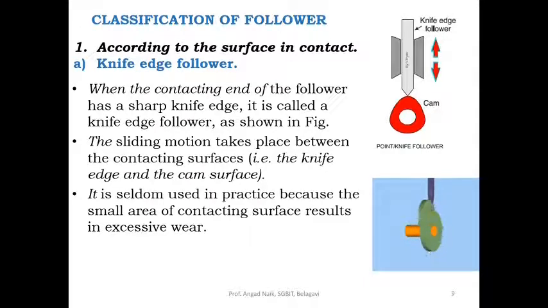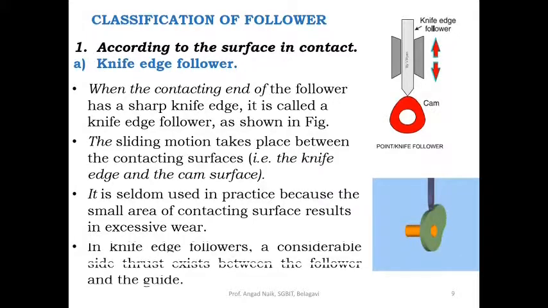It is seldom used in practice because the small area of contact surface results in excessive wear. In the knife edge follower, a considerable side thrust exists between the follower and the guide. Let us see the next type of follower.